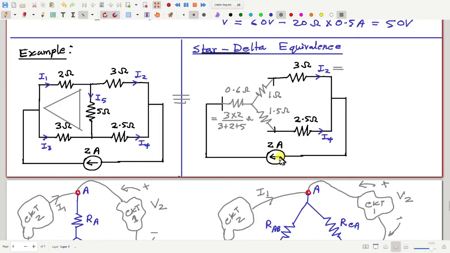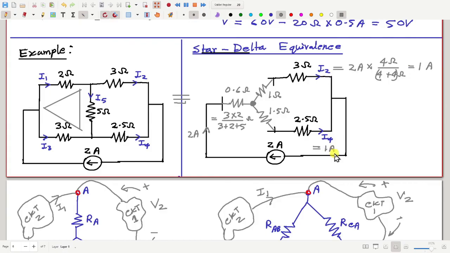You see 2 ampere is coming here, and then at this star point you can apply the current divider rule. So how much will be I2? Total current, 2 ampere, multiplied. We have two paths. This path has resistance 4 ohm, and this also has 4 ohm, so both paths have the same resistance. So 4 ohm divided by 4 plus 4 ohm. So that means 1 ampere. I2 is 1 ampere, and therefore I4 will also be 1 ampere.